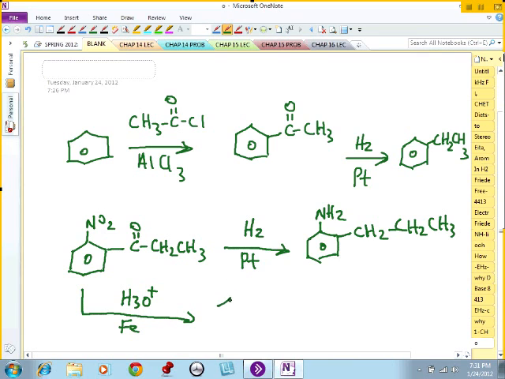So now you get this. This reagent will transform the nitro group to an amino group, but it will not change the carbonyl group. So you begin to see some of the things that we could do with these chemical reactions.